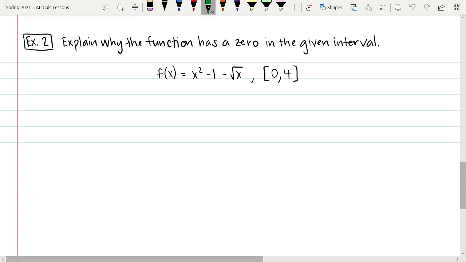So right here, when they talk about having a 0, that's really talking about k being 0, k from the theorem. Okay, so again, that means I'm going to try to use the intermediate value theorem to prove that there must be some value in the interval from 0 to 4 so that f of c equals 0.